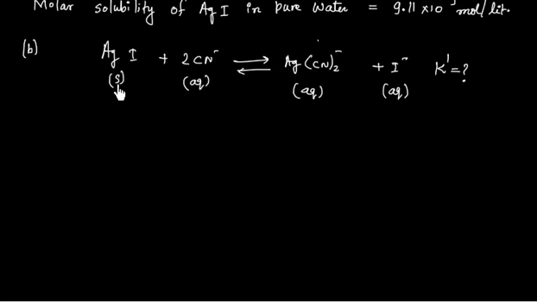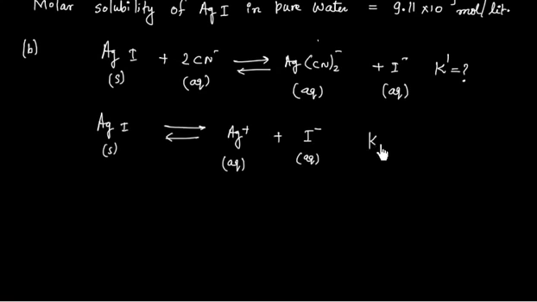Now we can write two equations and then sum them. AgI solid dissolves and gives Ag plus and I minus. The equilibrium constant for this reaction is Ksp.